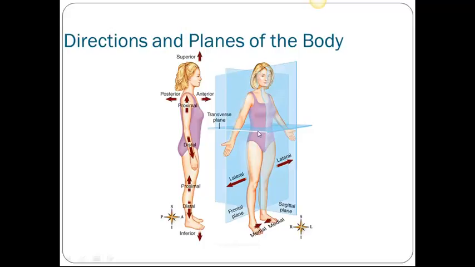Then we have the transverse plane, which splits us into upper and lower halves. The frontal plane, which splits us into a front half and a back half. Sagittal or medial plane cuts us into right and left halves. You will also see on here we have lateral towards the outside and medial towards the middle.